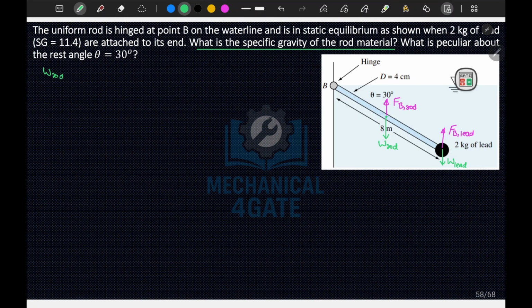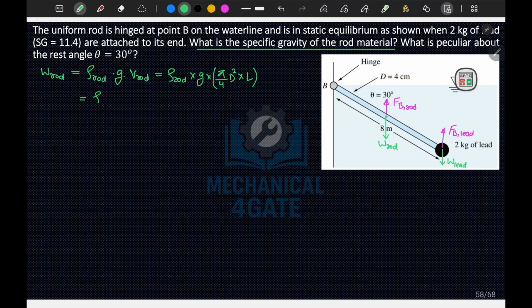So weight of the rod is equal to density of the rod into g times volume of the rod, is equal to rho of rod into g into volume, which is pi by 4 times d square into L. L is the length of the rod.